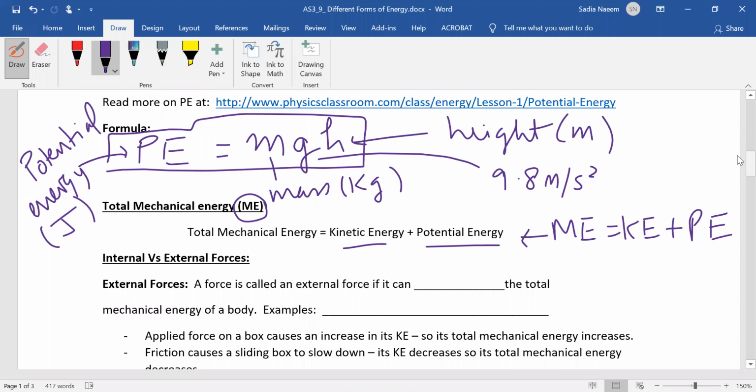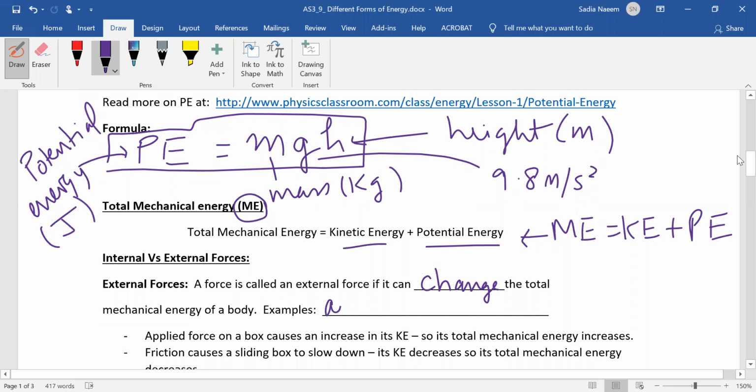So for the total mechanical energy to be conserved, the condition is that it should be an isolated system. It should be isolated from its surroundings. There should be no outside forces, external forces acting. A force is called an external force if it can change the total energy, the total mechanical energy of a body.